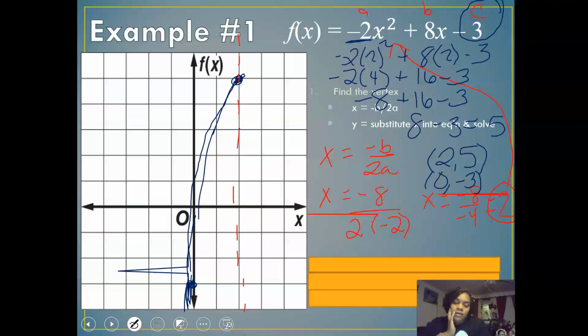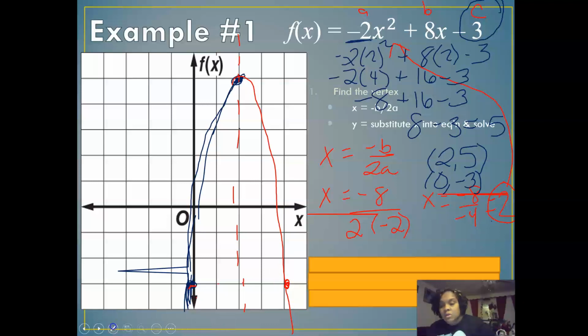I always do the y-intercept, so it's 1, 2. I'm going to go 1, 2 on the opposite side so they'll be even, and there we go. That, ladies and gentlemen, is your parabola. My hands look a little funky, I'm sorry, but that's how you would do that.